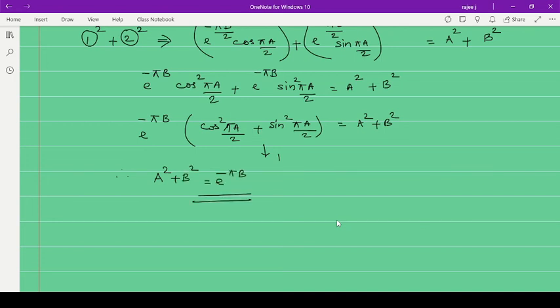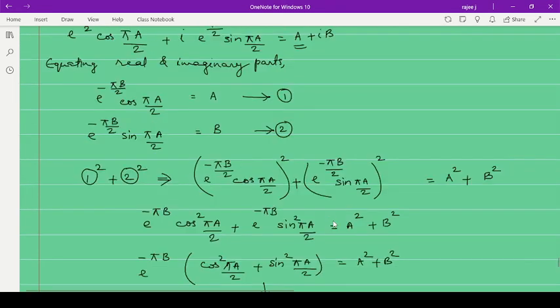Now the second part. To go from here we need tan. So equation number 2 divided by 1 we will do. Equation number 2 divided by 1 means b upon a, or I will write the left side only.